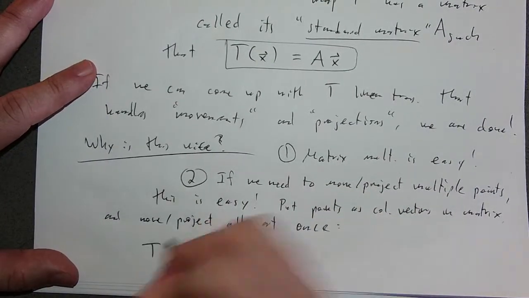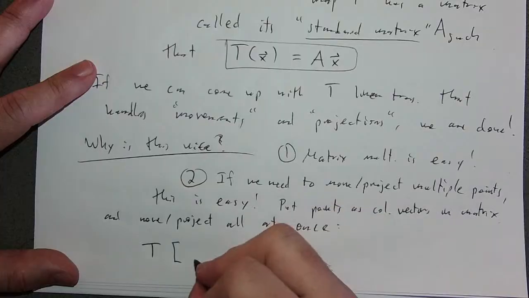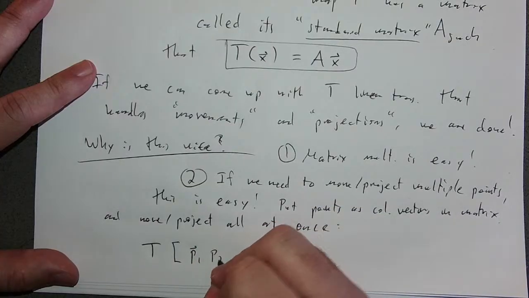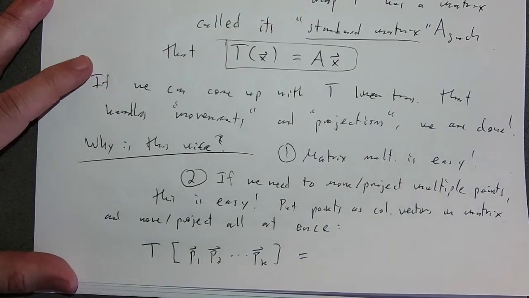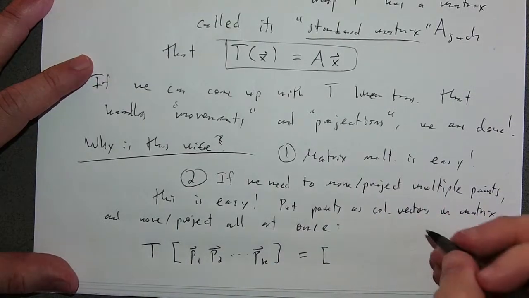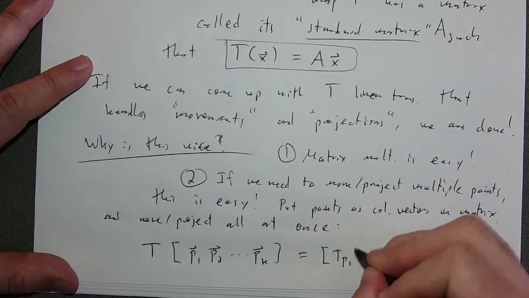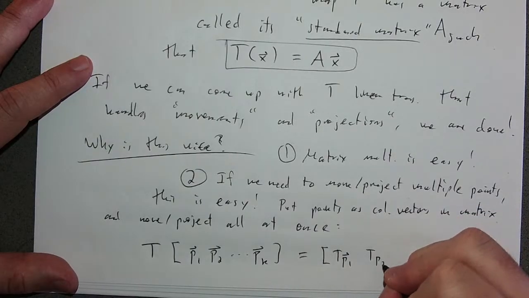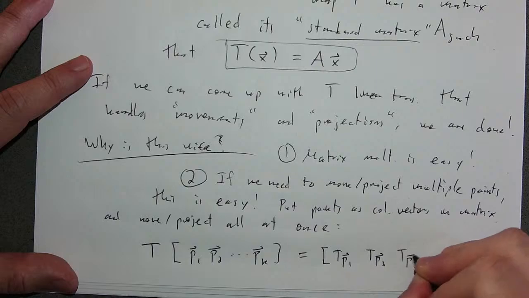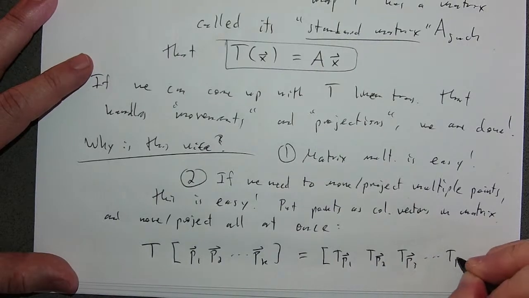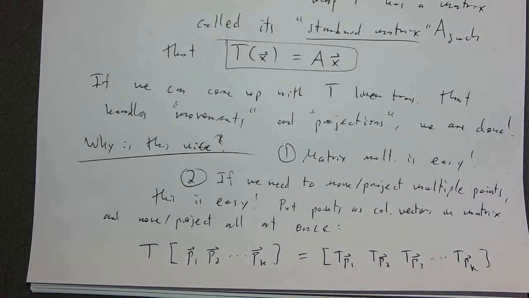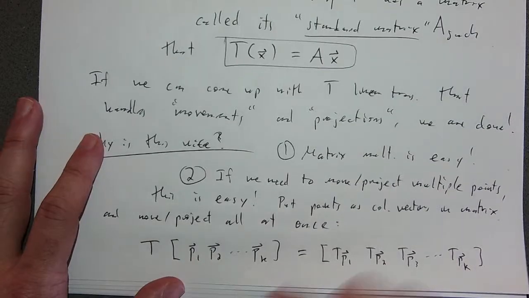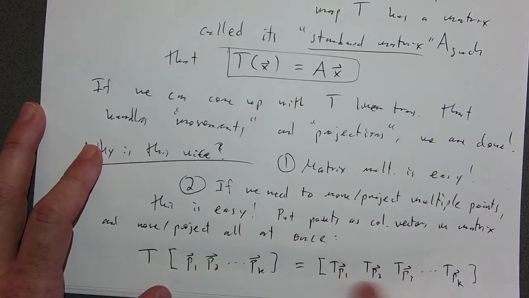If I apply T to the matrix whose column vectors are P1, P2 out to Pk, this is easily done by simply considering the matrix whose column vectors are exactly these things. That's how matrix multiplication works, where multiplying a matrix with these as columns by another matrix is just this.